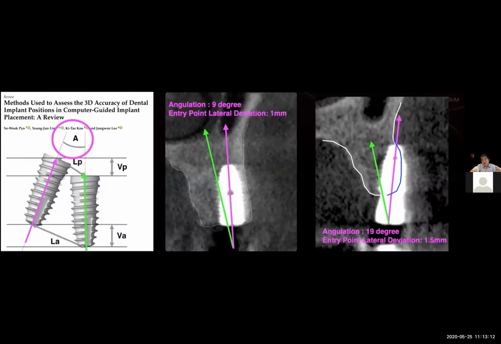Mesial distal, we are doing okay. However, buccal lingual or facial palatal is the main issue that causes a big headache many times. So I wanted to focus on alpha, especially for buccal and lingual deviation, to prevent any errors. I'm going to go over that later.